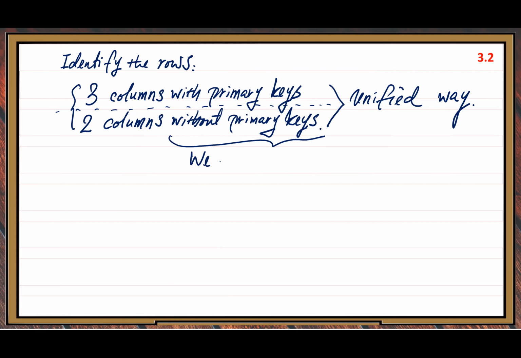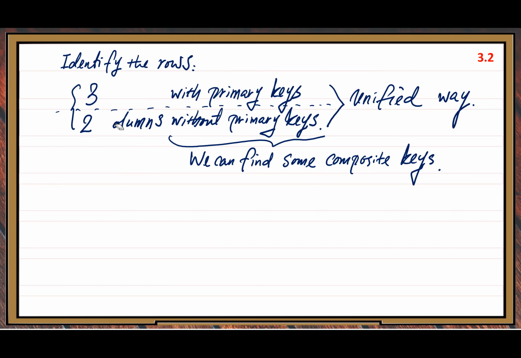we can find some composite keys, of the rows in those two tables. Oh, sorry, not columns. Did you notice there's some mistakes here?